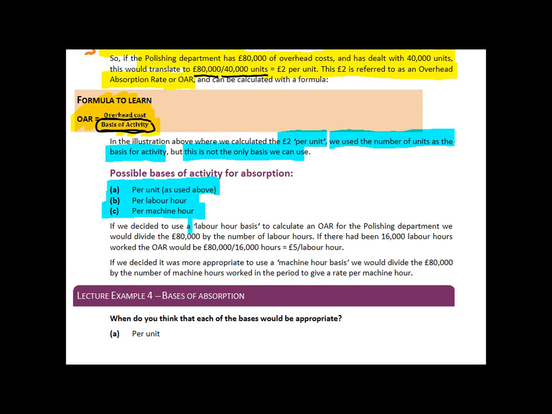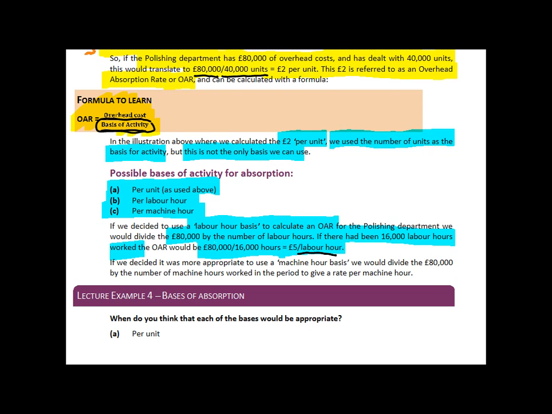So for instance, if we wanted to use a labour hour basis to calculate the OAR, we take the £80,000 and we divide by the number of labour hours. So if there had been 16,000 labour hours worked in the period, the OAR would just be the overhead cost of 80,000. This time the basis of activity is the number of hours worked, and if you divide £80,000 by 16,000 hours, that's £5 per labour hour.